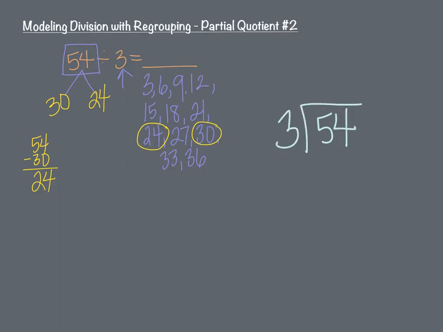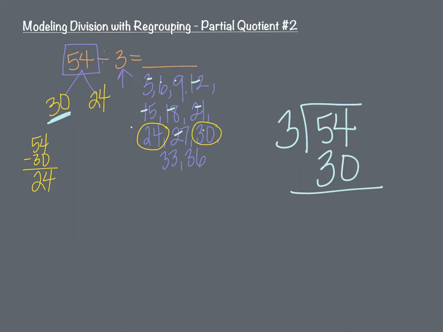Well, we knew that we could take 30 out of 54. Now, how many times did 3 go into the 30? If I was counting, let's count. 1, 2, 3, 4, 5, 6, 7, 8, 9, 10.